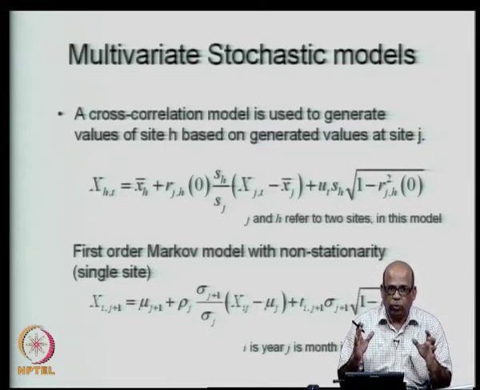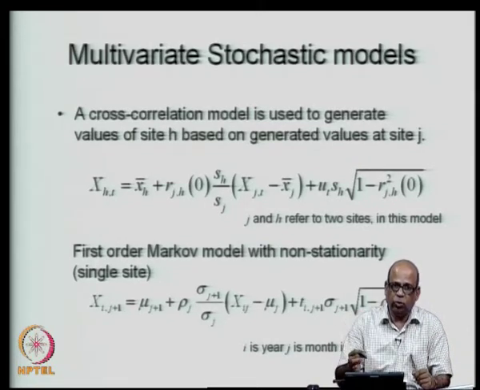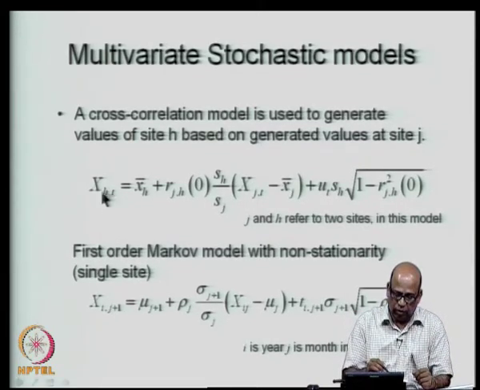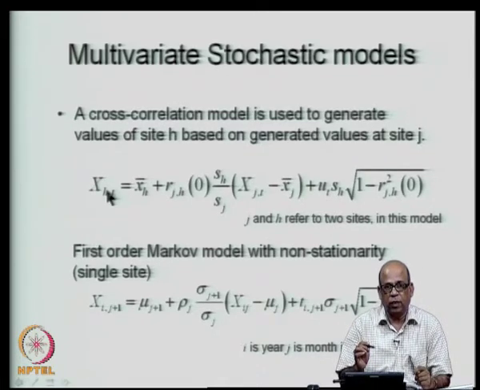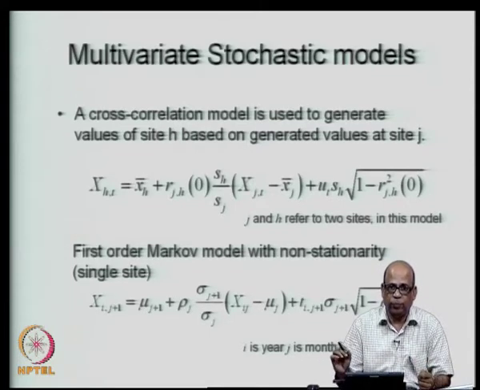So, you are talking about both the cross correlations among these two sites as well as the serial correlation for the site for which you are generating it, and this is how the dependence on the other site has been brought into the Markov model.